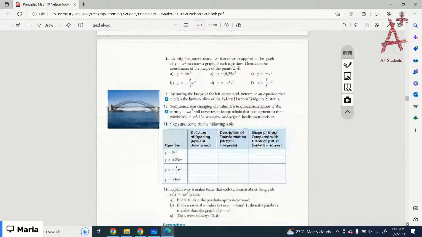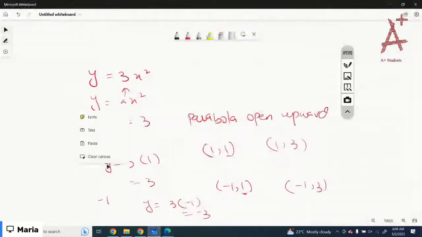Let's start with question number 8. Identify the transformations that must be applied to the graph y equals x square to create a graph of the equation. Then state the coordinates of the image of the point 2, 4. The first one is y equals 4x square.